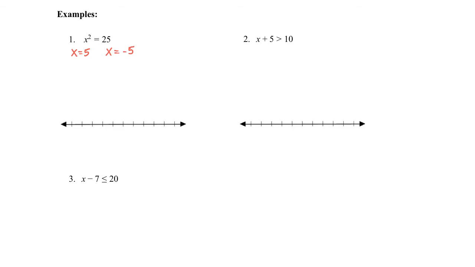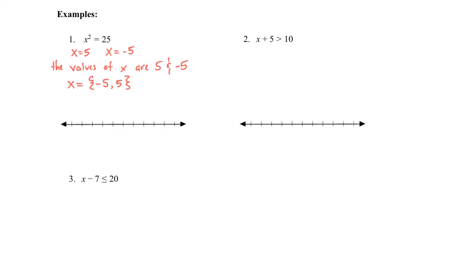So I need to be able to display this in words. So I would say the values of x are 5 and -5. In set notation, I would say x equals -5 and 5. So you basically list the numbers inside there.